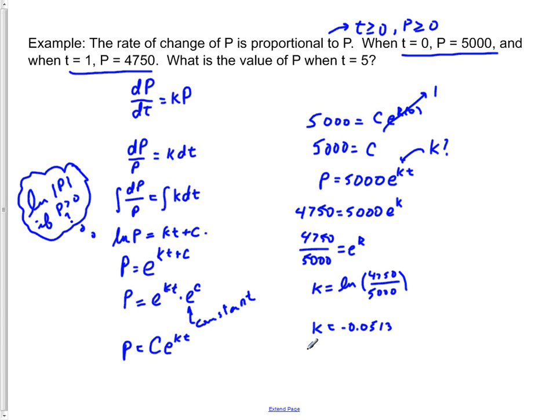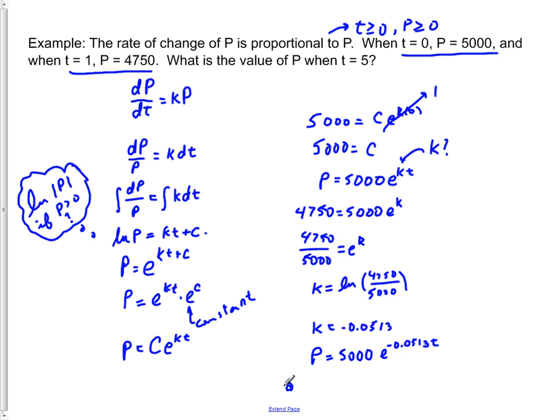All right, so what does our model now say? Well, now we know that p is going to equal 5,000, which was c, times e to the negative 0.0513 times time t. And of course the question was, what happens at t equals 5?